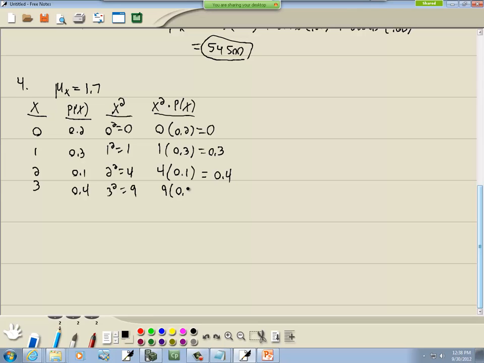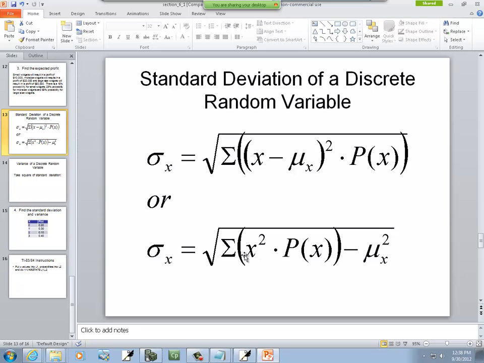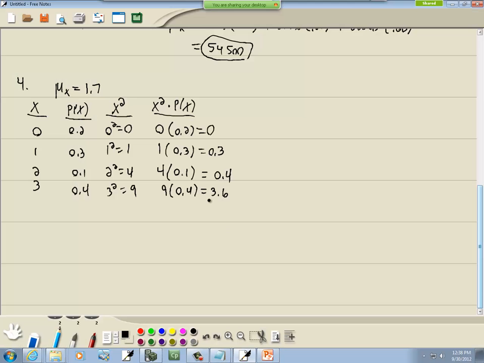And 9 times 0.4, which gives us 3.6. I'm not very good with decimals, so hopefully those are right. Okay. Then we got the sigma in front of it. That implies we want to add them together. So we're going to have the sum of x squared times p of x. That's 4.3.